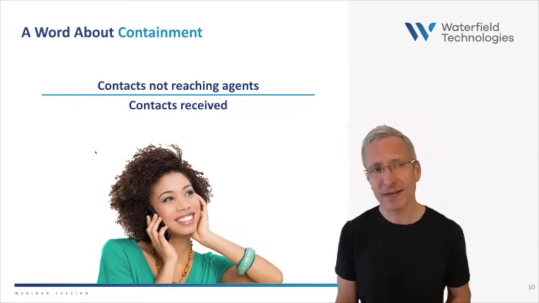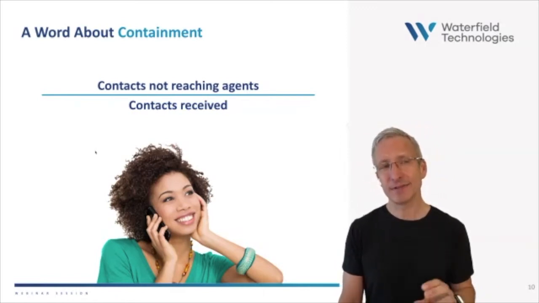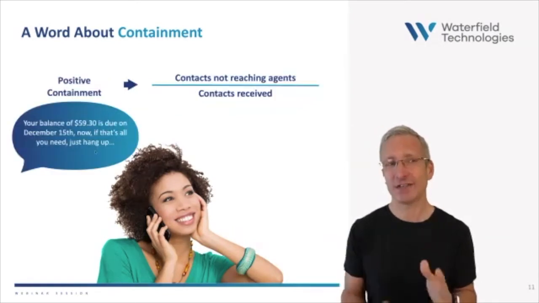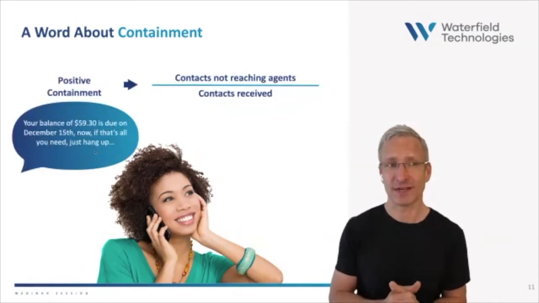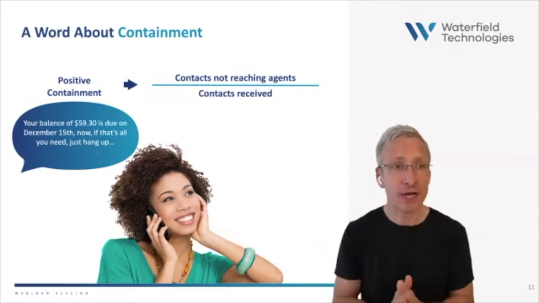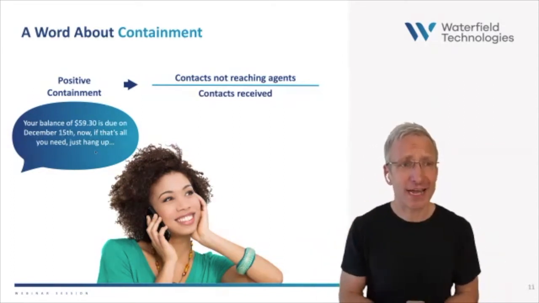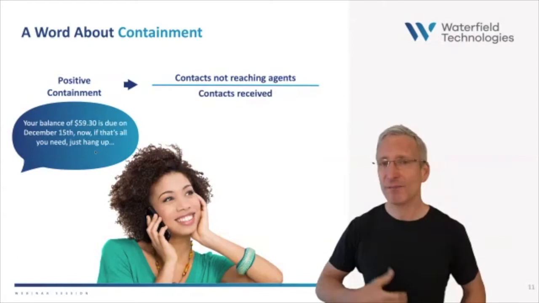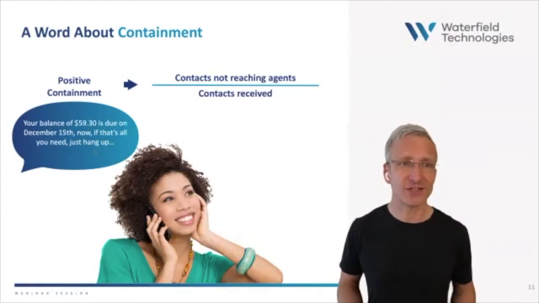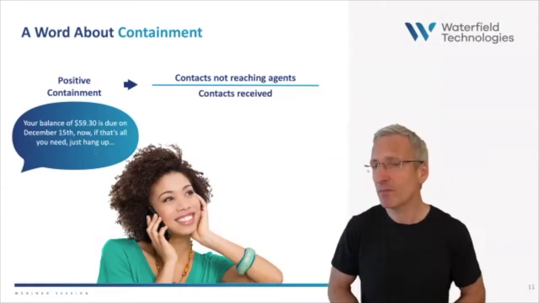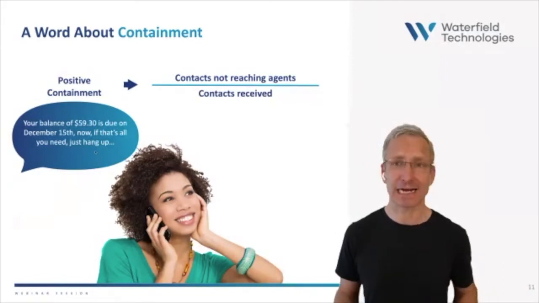But the problem is this simple metric actually has 2 different contributing factors. You've got positive containment, which is where someone calls up or they have a chat session, they get the information they need and they hang up or they walk away happy. Great, that's exactly what we're looking for.